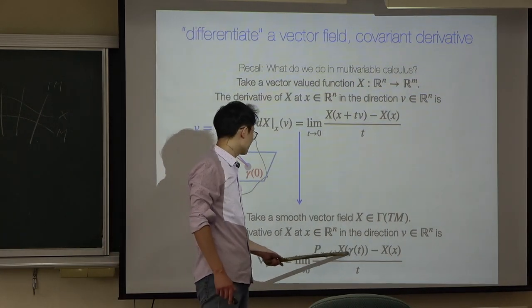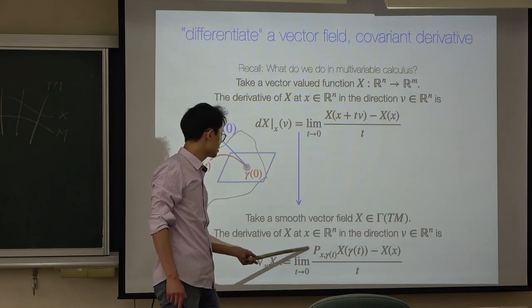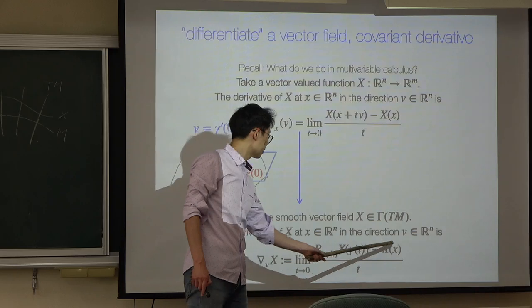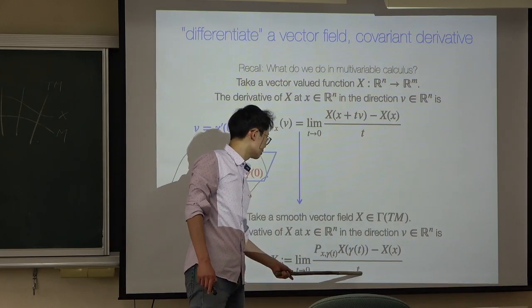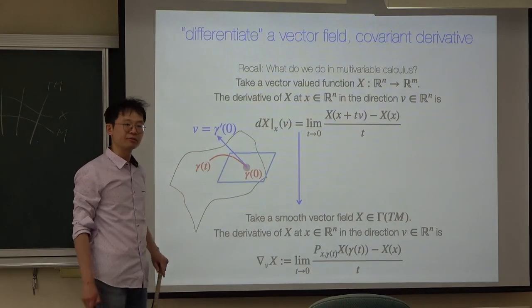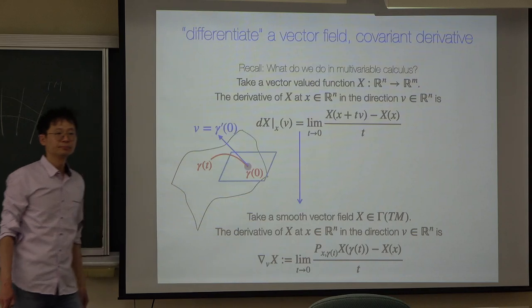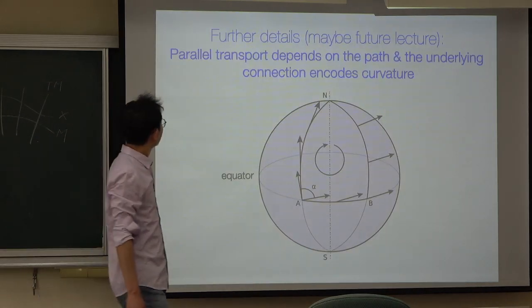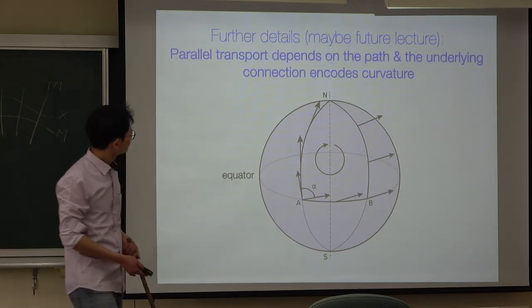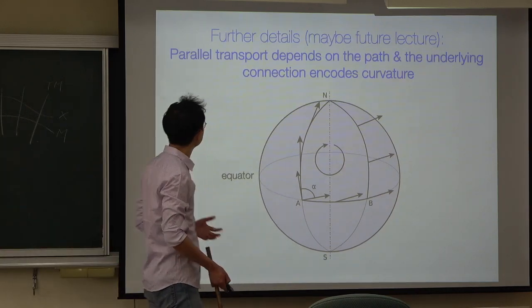That is, at gamma of t at time t, you just use parallel transport to move it back to x and divide by t. And that is the covariant derivative. So finally, we get a notion called derivative. And there are many further details. Maybe we will use them in the future lectures and discuss them then.